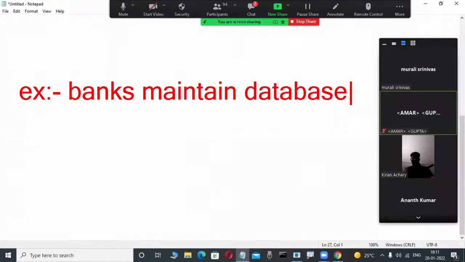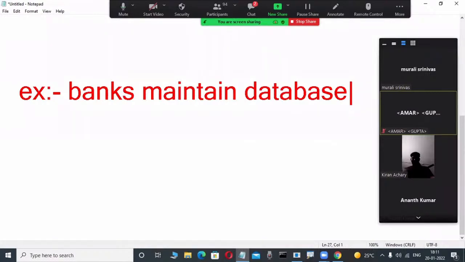Suppose account holders deposit some amount. You also deposit some amount. Your details, your name, address, phone number, your balance, your account number, are important to store permanently.